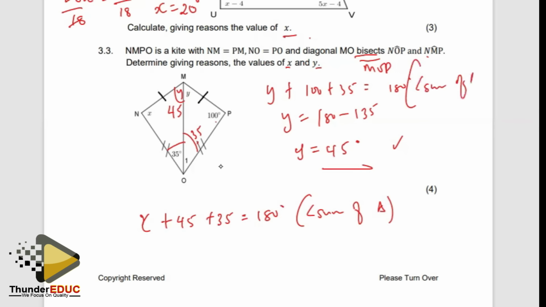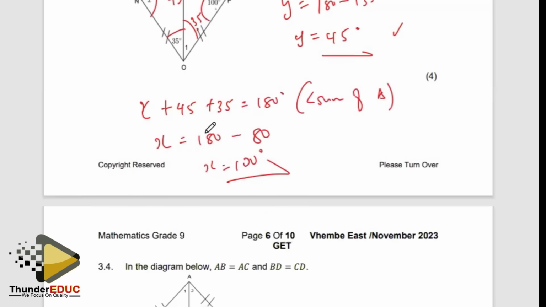Then that's going to be 180 minus 80, so X becomes 100 degrees. So opposite angles are equal. Alternatively, without calculation, it was meant to be known that one pair of opposite angles are equal in a kite.